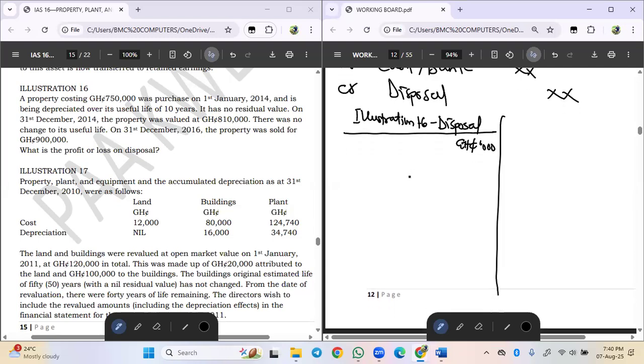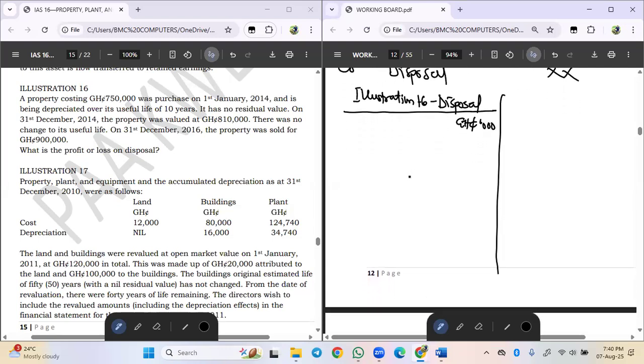Thank you very much. So let's start with the cost as usual. Cost is 750. Then we will calculate the depreciation. How do we calculate the depreciation? It is 750 over the useful life. There's no residual value, so over 10 years. This time around, the asset was purchased on 1st January 2014.